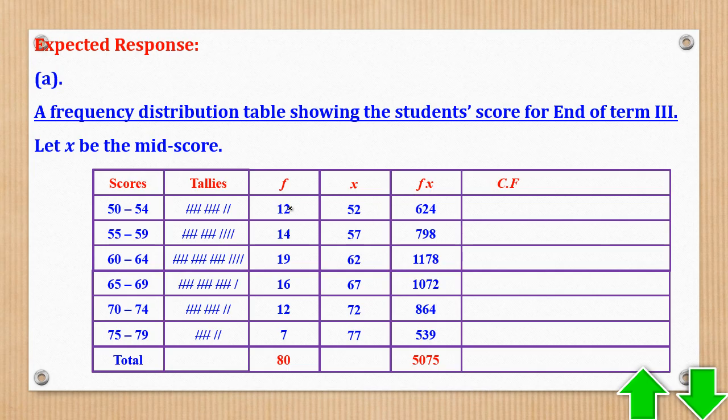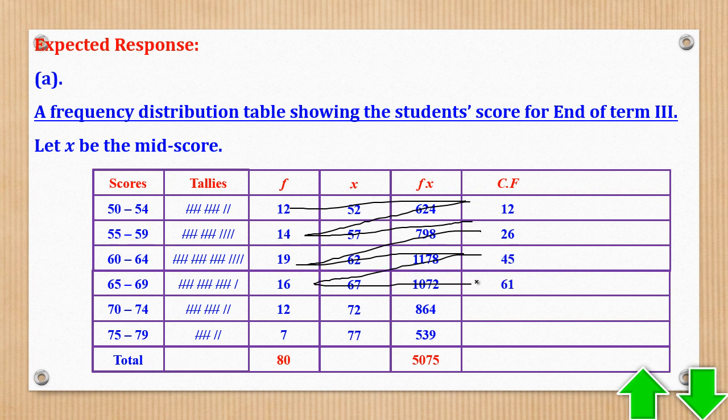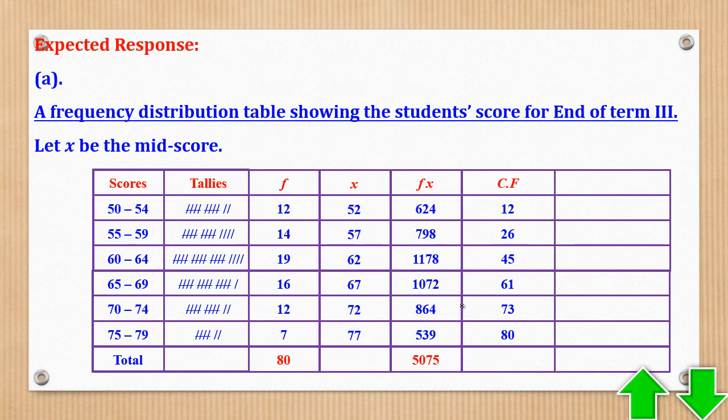So CF: put this here, then plus 12, plus 14, you get 26, plus 19, you get 45, plus 16, you get 61, plus 12, you get 73, plus 7, you get 80. Then next is class boundaries, because for the ogive you need class boundaries, and also for the mode you need class boundaries.